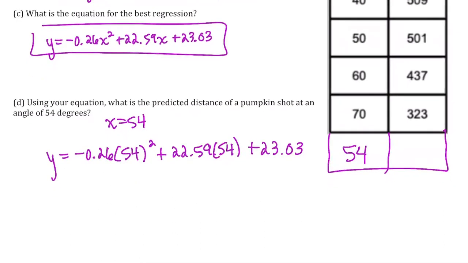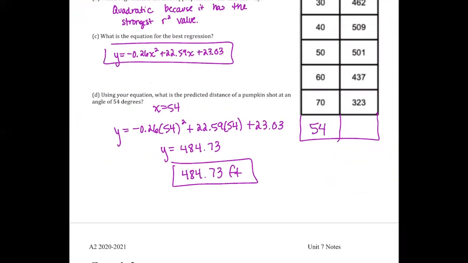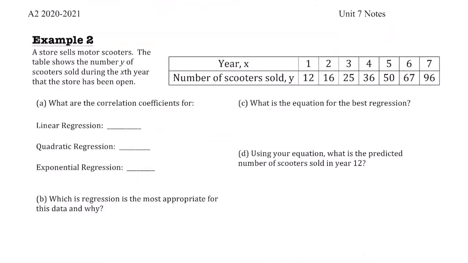And if you do type this into your calculator, it all simplifies down to 484.73, which as our final answer, then we do want to make sure we include units with our final answer. It ends up being 484.73 feet.